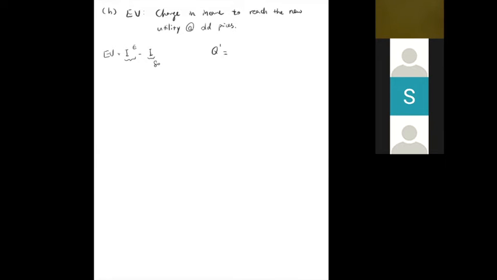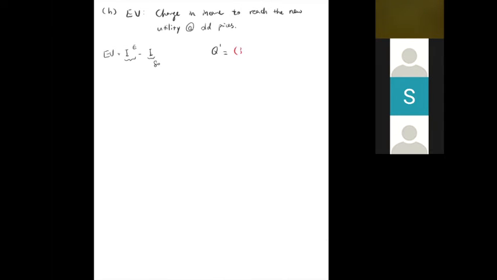On the previous slide, we said that Q1 equals (35, 2). That is our new optimum.